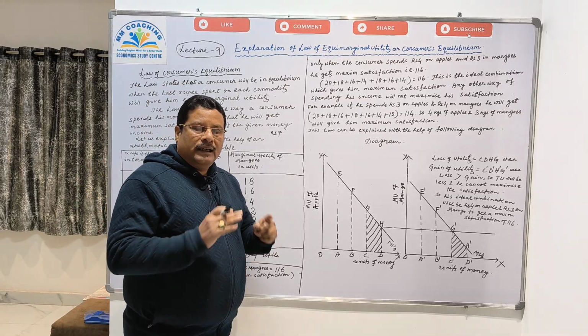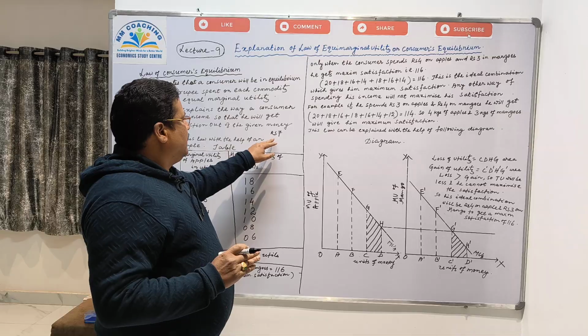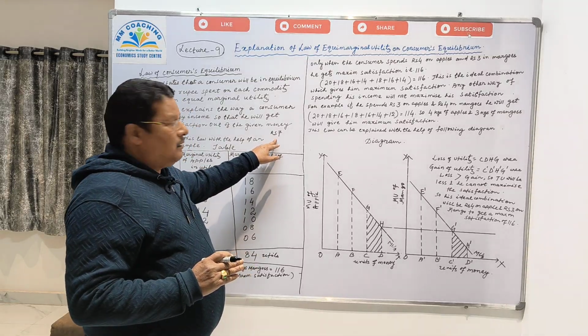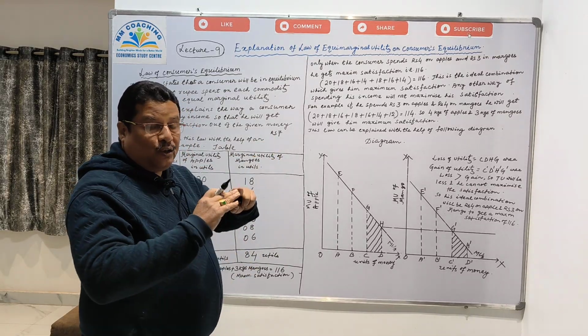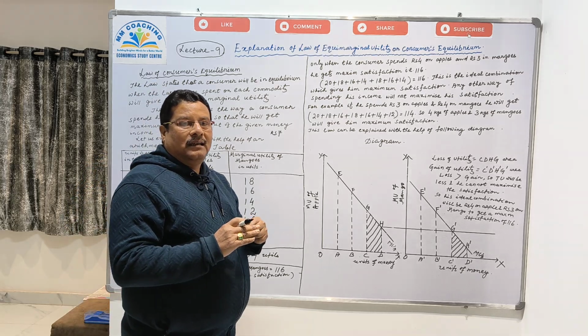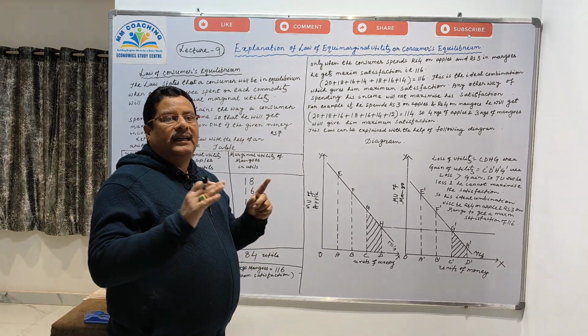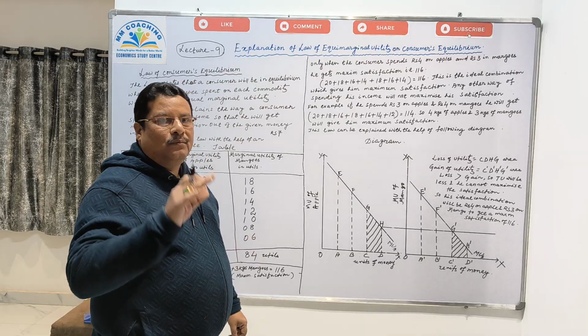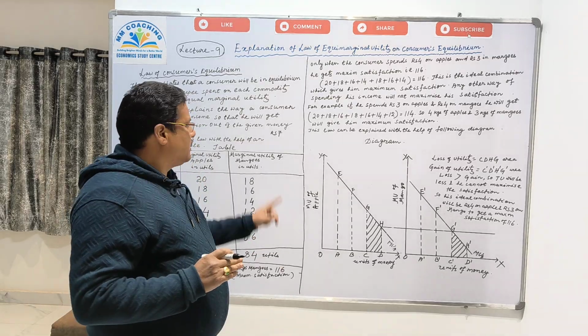Now he will spend 7 rupees in such a way that he gets maximum satisfaction.